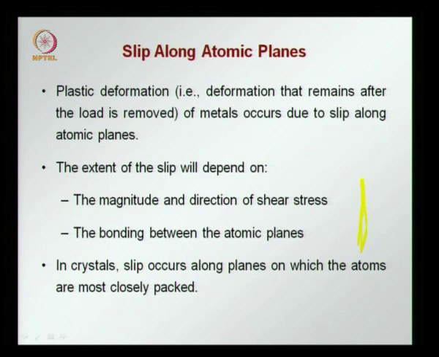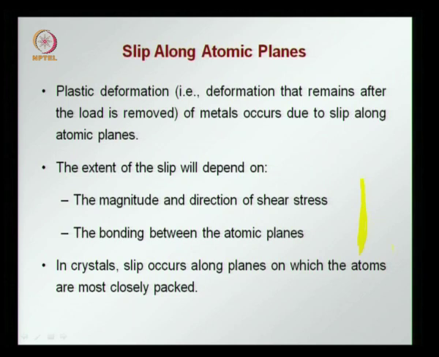Shear stress is what causes the slip, and it is based on the external loads and stress causing phenomena. The second aspect is how well the atomic planes are bonded. The stronger the bond, the less will be the extent of slip under the same stress. This is what we saw a slide earlier.